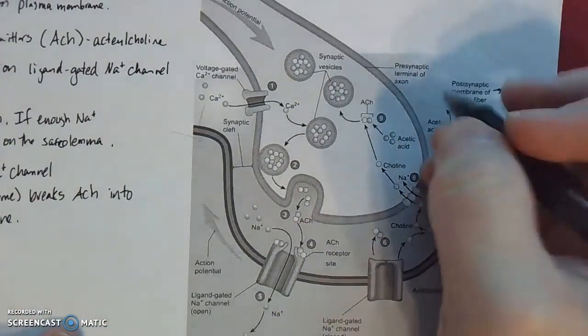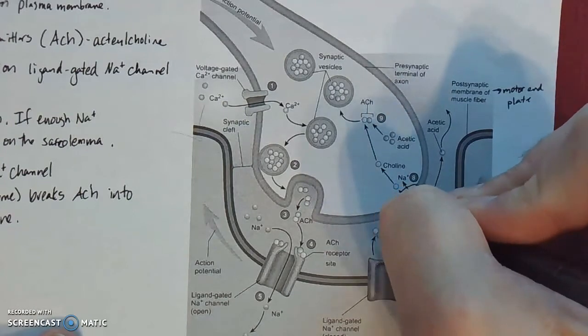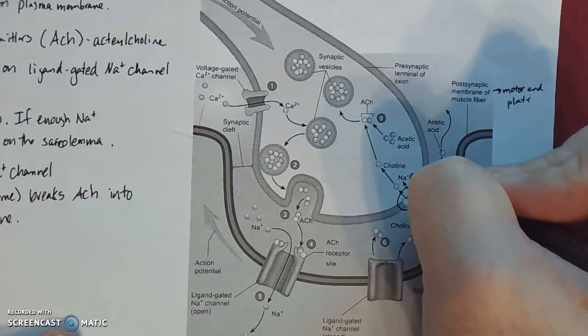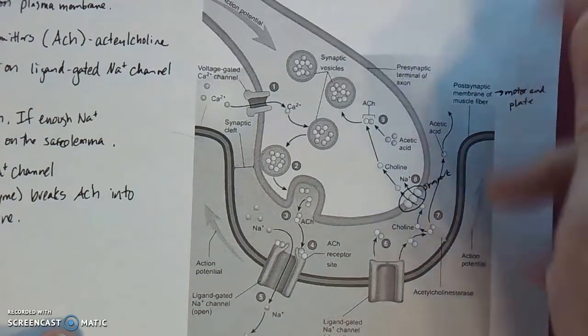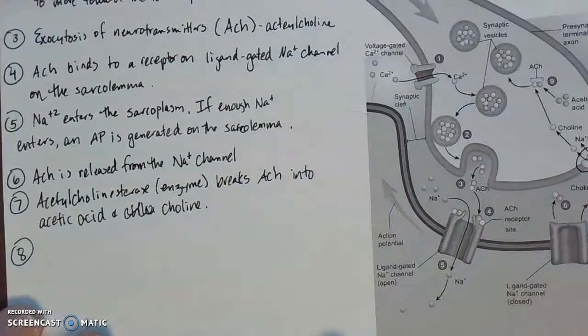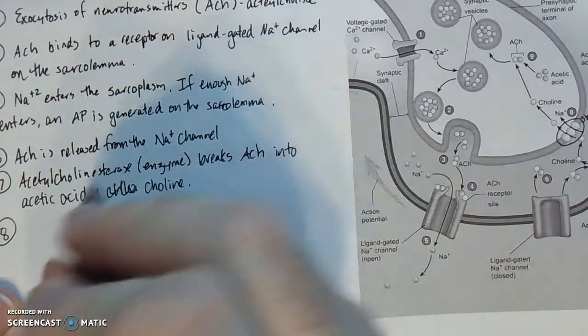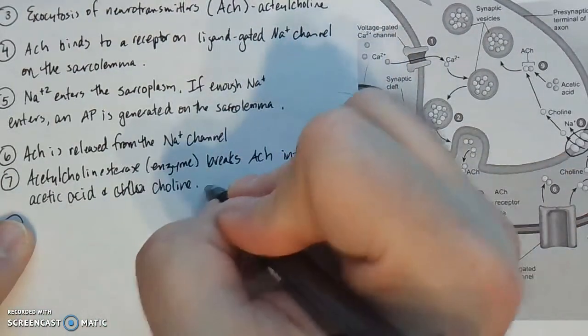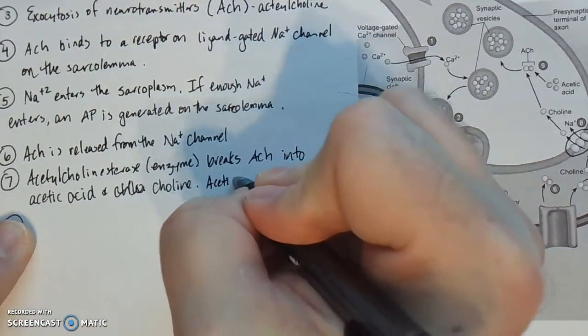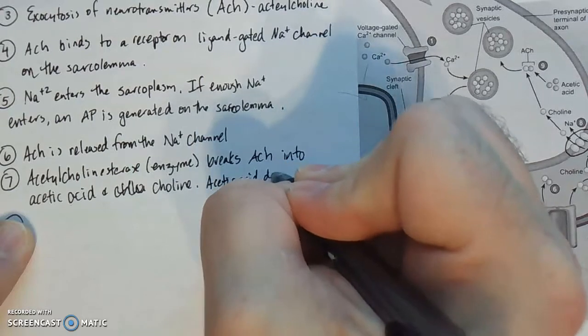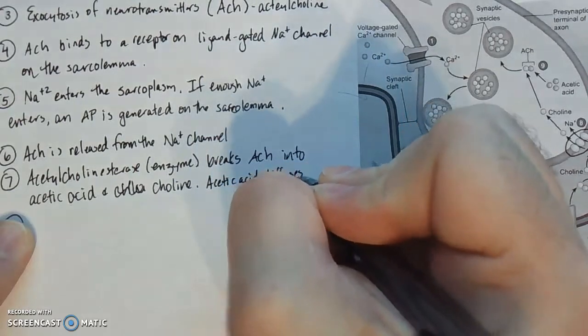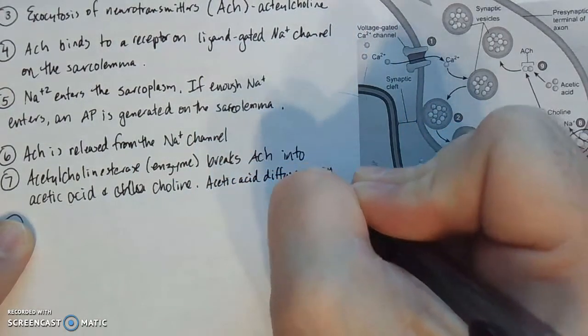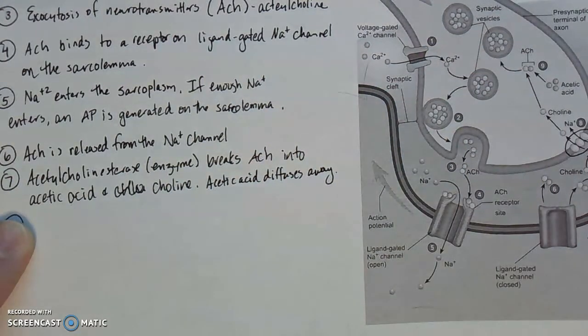So over here in number 8, this right here is a symport. So before we get to that, I forgot one little thing. Acetic acid diffuses away. So it's in the ECF, and it's going to be broken down.